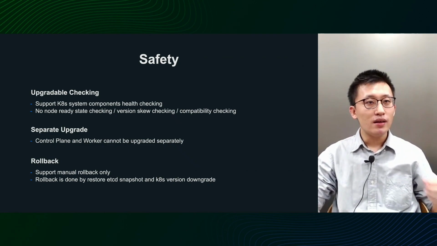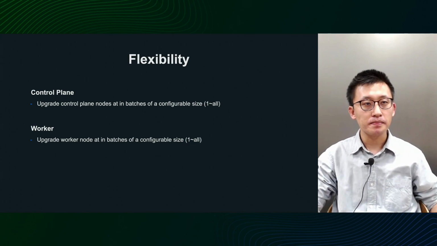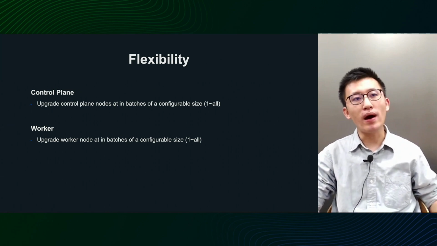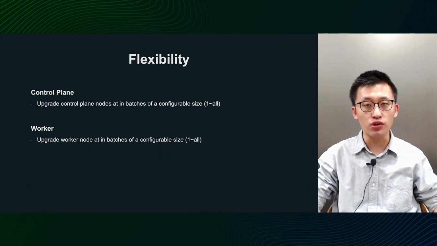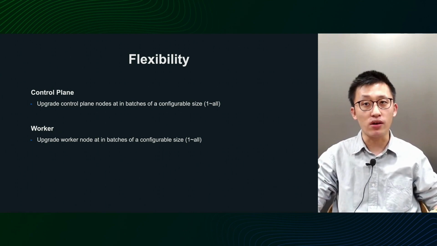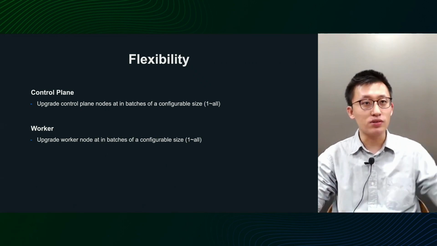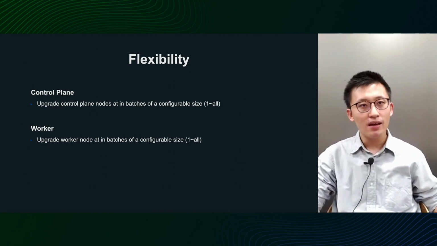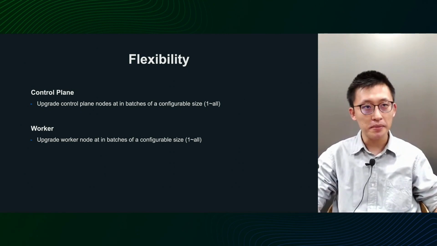So now, let's go to the flexibility part. In the flexibility part, Rancher provides the batch size upgrade strategy for the control plane and the worker. It is insufficient in a huge scale cluster that has lots of control plane or worker nodes, because we can upgrade maybe 10 or 20 nodes at a time, right?